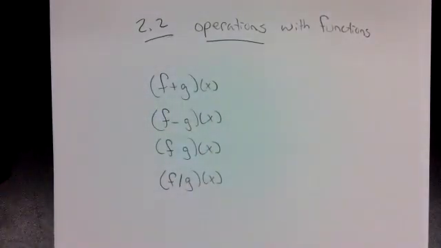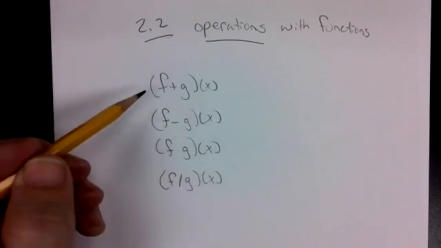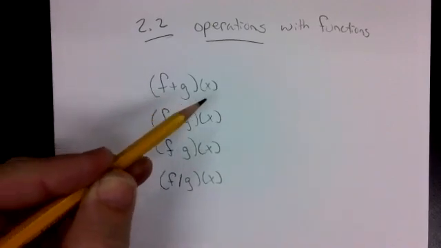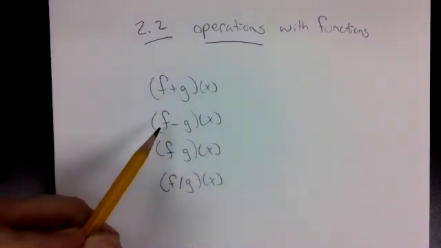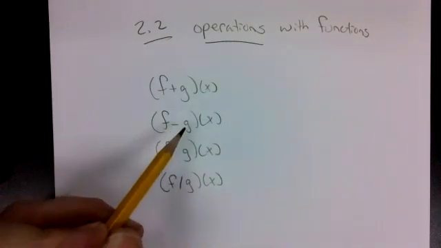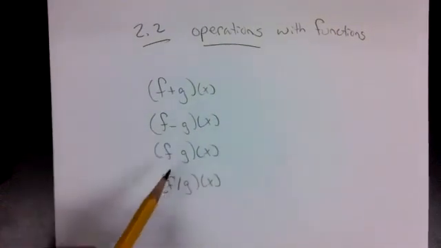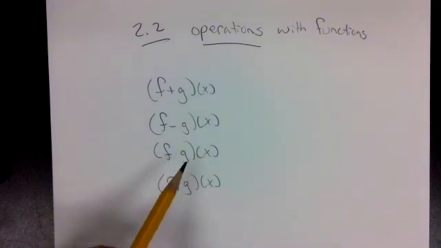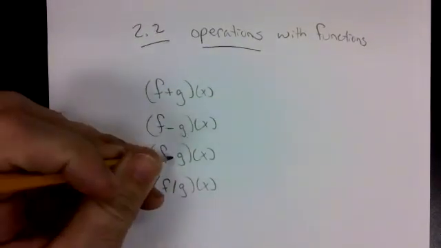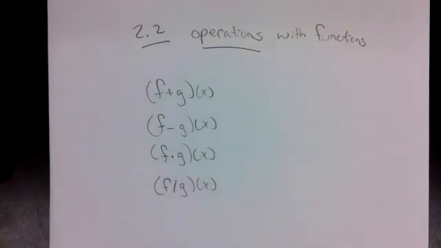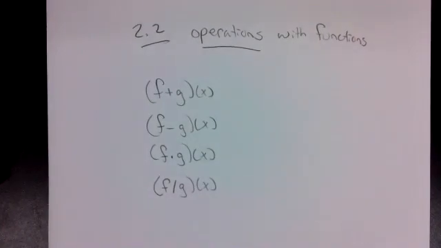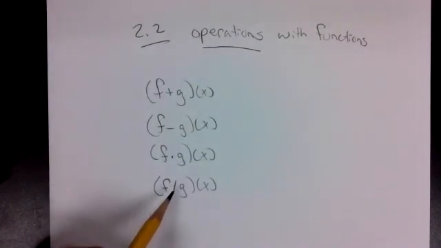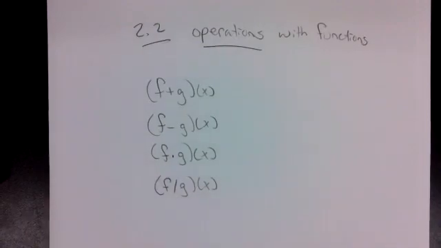will typically give you one of the four major operations involving functions. The notation looks like this. So first we've got the f plus g of x, or say the f minus g of x, or f times g. Sometimes they just write the f and the g right next to each other. Sometimes there's a little dot here, but that means multiplication, or f divided by g of x.